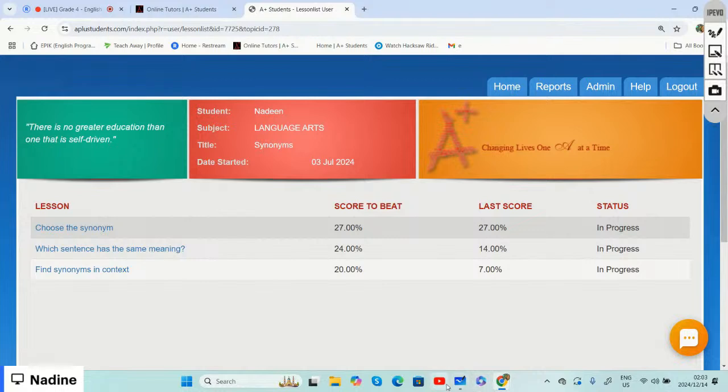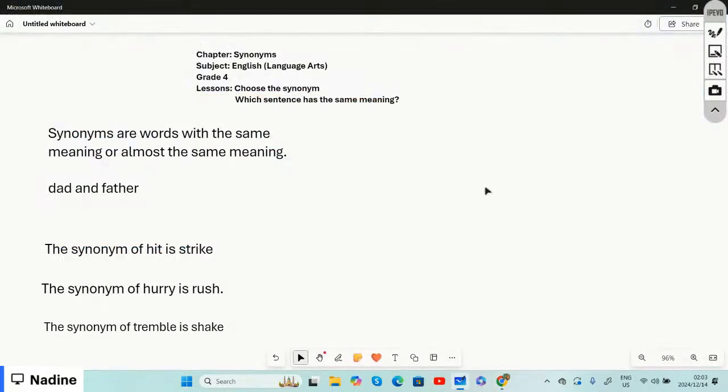All right, so our chapter is synonyms. Our subject is English language arts, grade 4. And the lessons that we are going to be focusing on under our chapter of synonyms are to choose the synonym, and also to say which sentence has the same meaning.